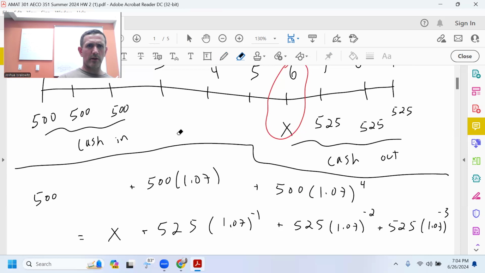This one gets discounted by 1 year. Sorry, it's discounted by 1 year, so we need an exponent of -1. This X is going to be discounted by how many years? Let me move this over a bit. It's looking a little funky here, kind of all the way over to the left.